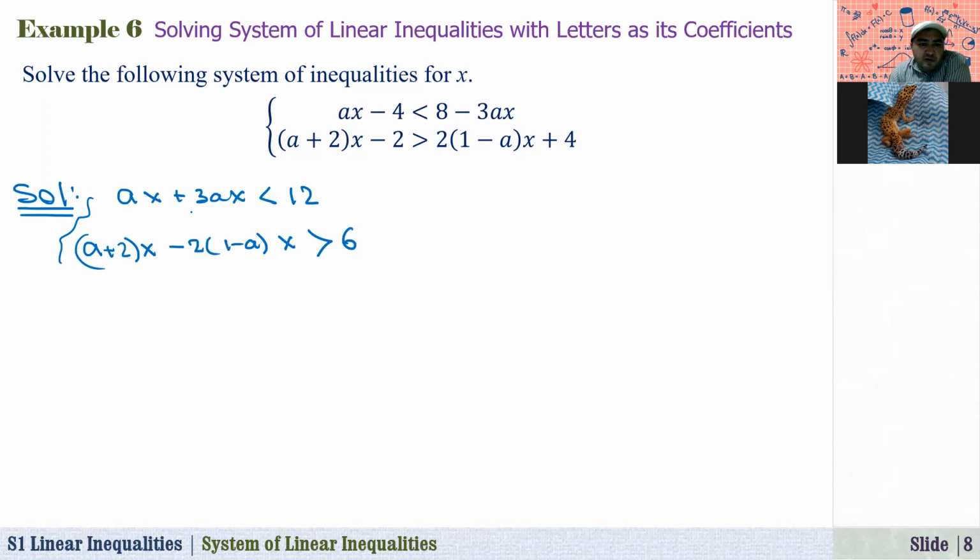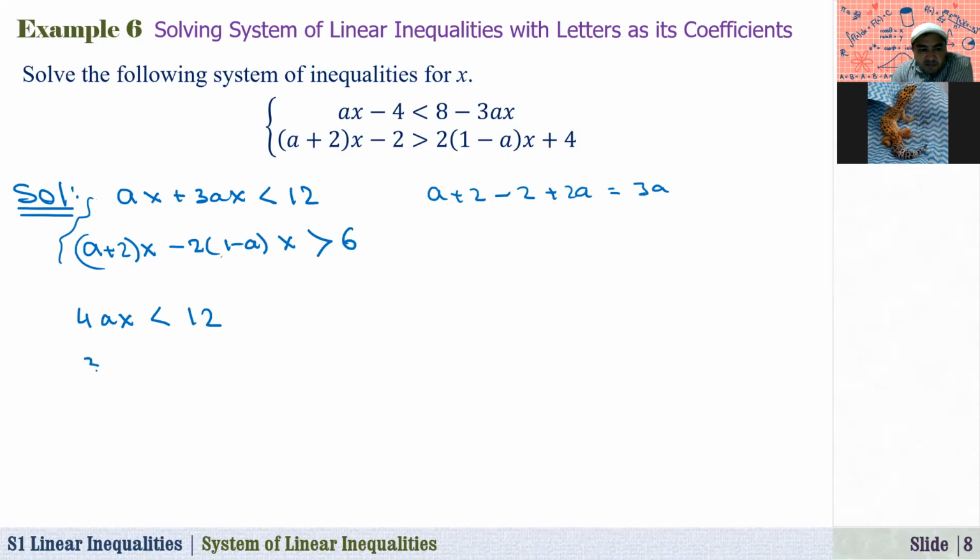So from the first one, x is a common factor, and a plus 3a is 4a. So we can write here 4ax less than 12. And how about the second one? x is a common factor. If you simplify, here we have a plus 2, and minus 2 times 1 is minus 2. Minus 2 times minus a is plus 2a, which gives 3a, right?